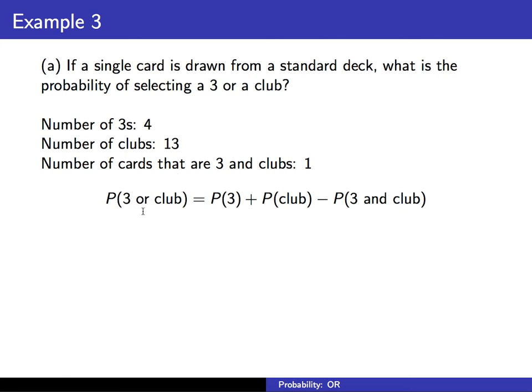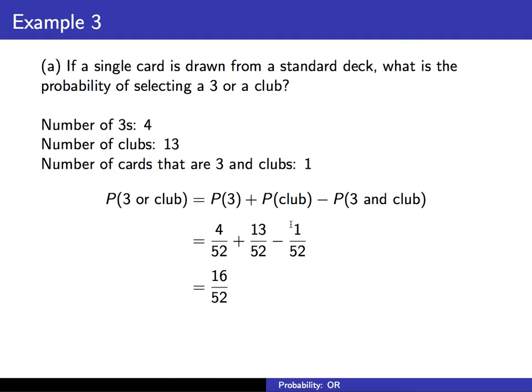So the probability of a 3 or a club is the probability of a 3 plus the probability of a club minus the probability of a 3 and a club. Well, we have 4 out of 52 plus 13 out of 52, but then the 3 of clubs card is getting counted twice, so we're going to take out that one instance so it's not counted twice, and we get 16 out of 52, which is 4/13.